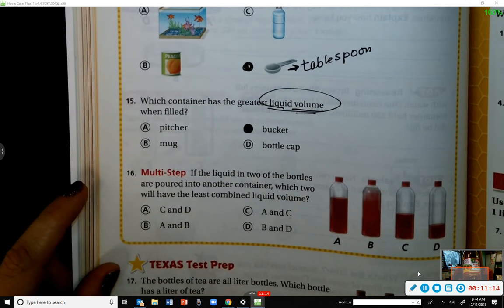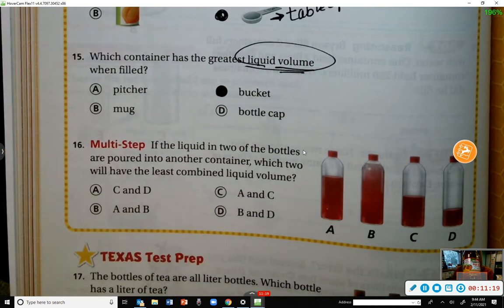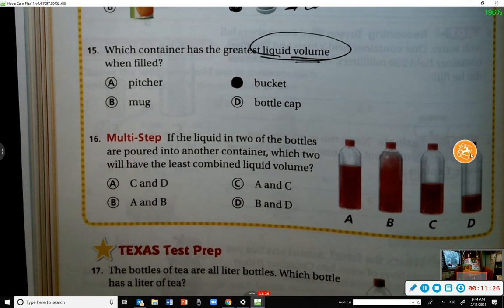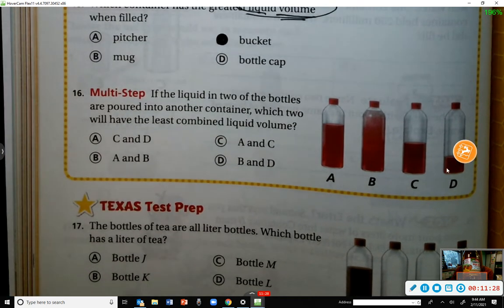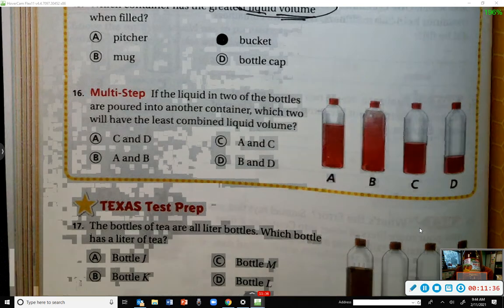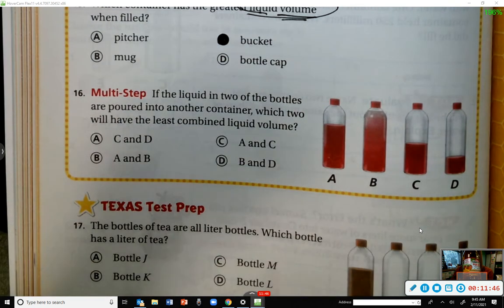Okay, number 16. If the liquid in 2 of the bottles are poured into another container, which 2 will have the least combined liquid volume? Which 2 would have the least? Allie, which 2 do you think would have the least combined volume? B is not the answer because A and B cannot hold any more.